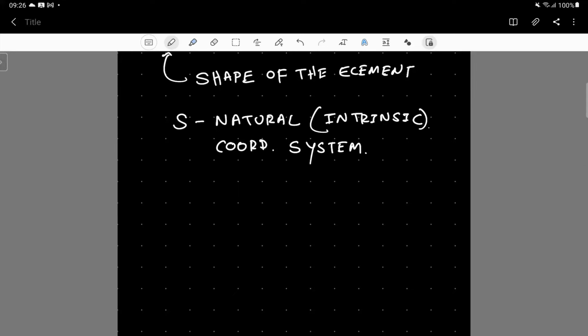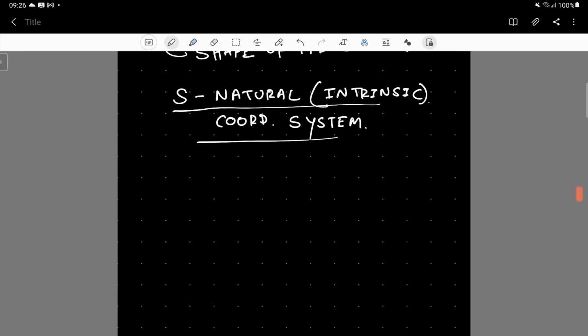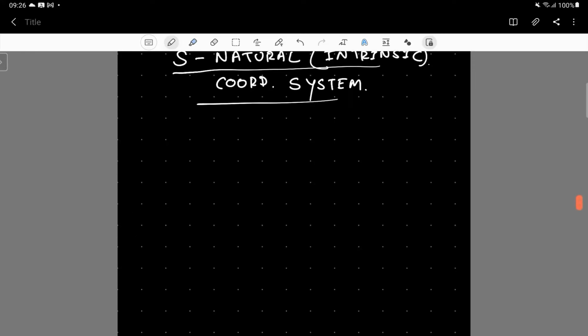Unlike the global coordinate system, this natural coordinate system is not defined by the element geometry or the element orientation in the global coordinate system. So this natural coordinate system does not depend on the geometry of the element or the orientation in the global coordinate system. You will see what I mean by this.